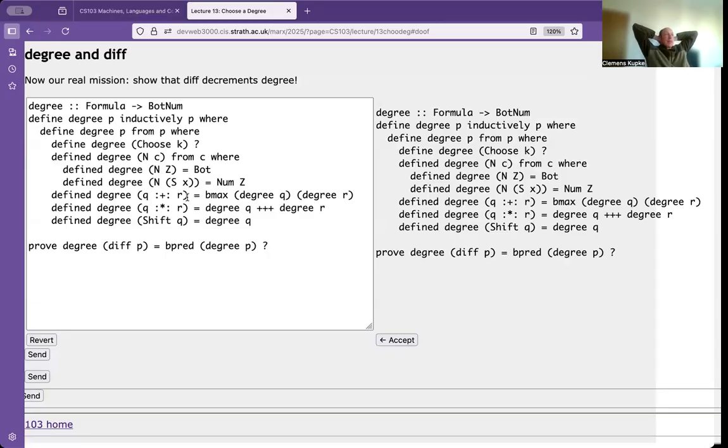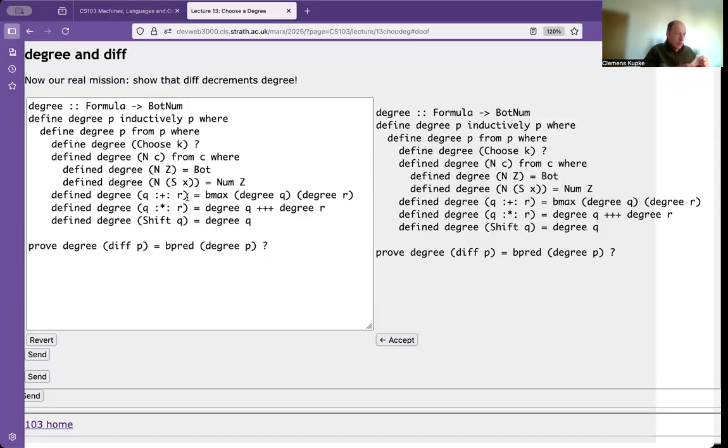Likewise, choose two goes up quadratically, and so on. And in particular, because you proved it this week, if you add up all the choose k's, you get choose successor k.